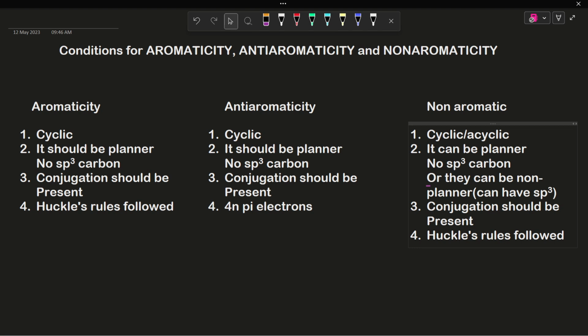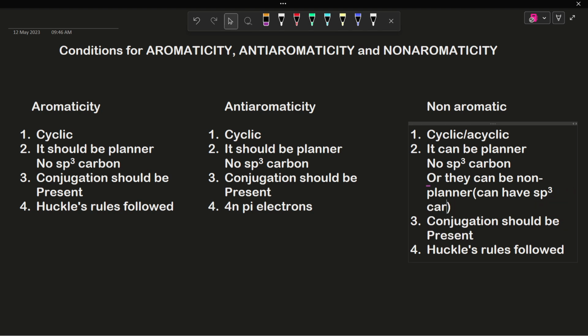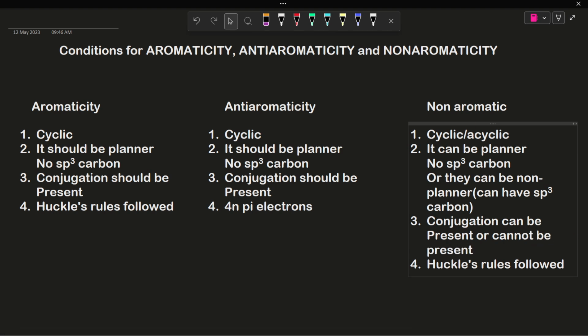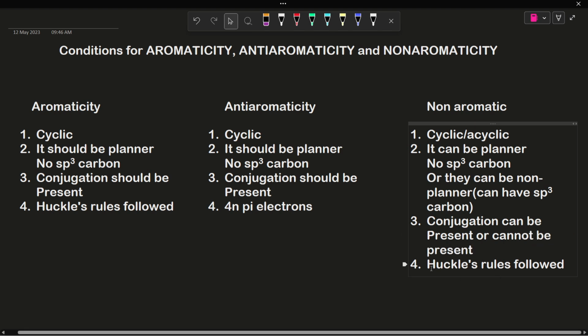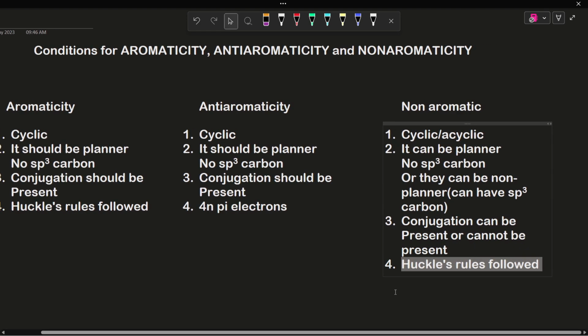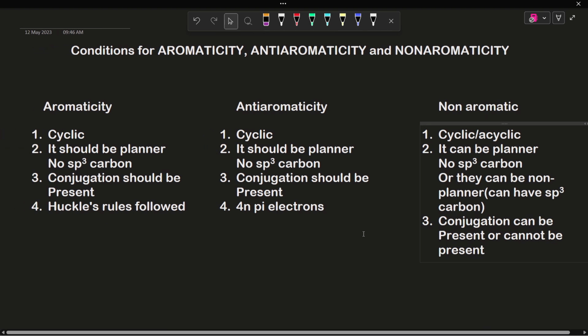What about conjugation? Conjugation can be present or cannot be present. So they do not follow any rule about the pi electrons, neither Huckel's rule nor the 4n pi electron rule. These three are enough to classify a compound as non-aromatic.